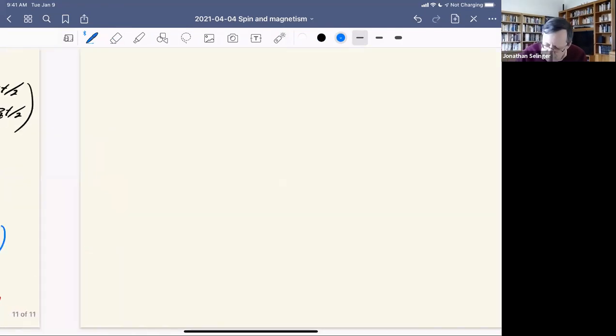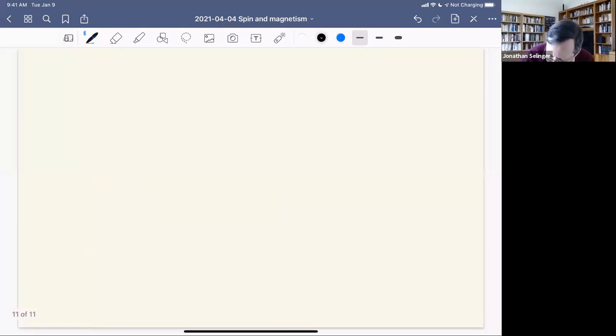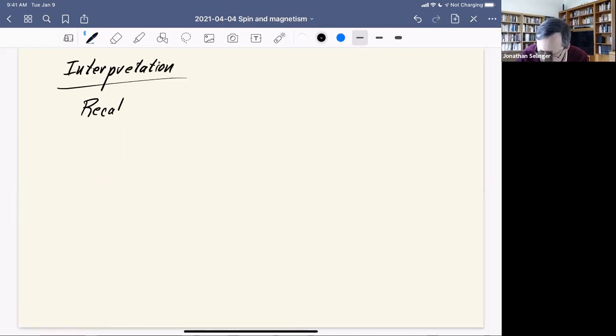If we want to interpret this, first of all, remember the normalization: the magnitude of A squared plus the magnitude of B squared is equal to 1.